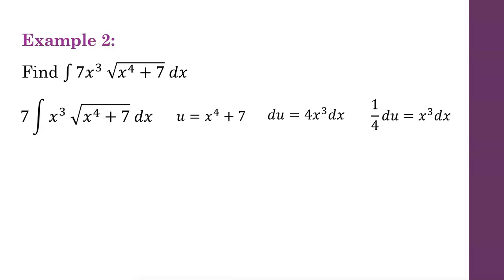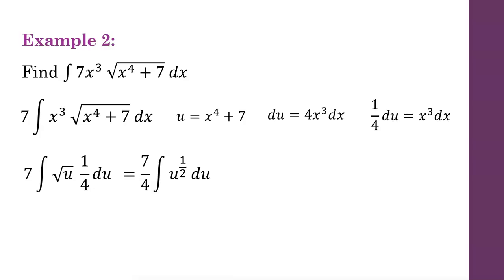So going back and replacing these things into my integral, I am going to get 7 square root of u, right? So that's the x to the fourth plus 7 was replaced with the u. The x cubed times dx is replaced with 1/4 du. All right, so next thing I'm going to do is just take the 1/4 out of the integral also. It's a constant.